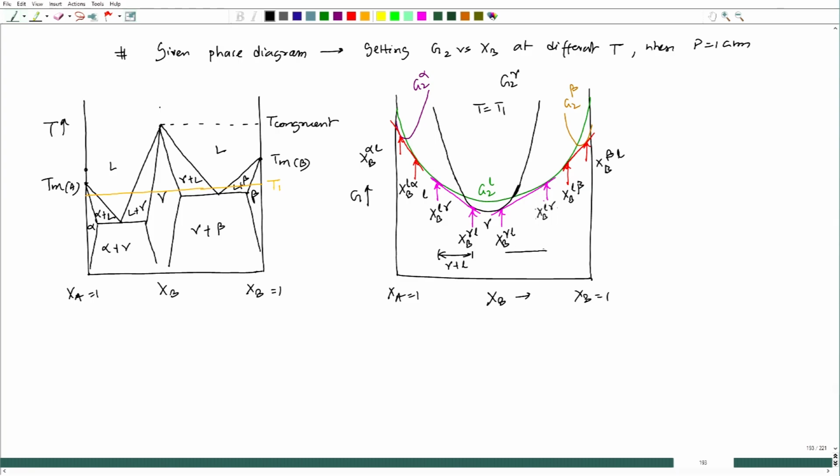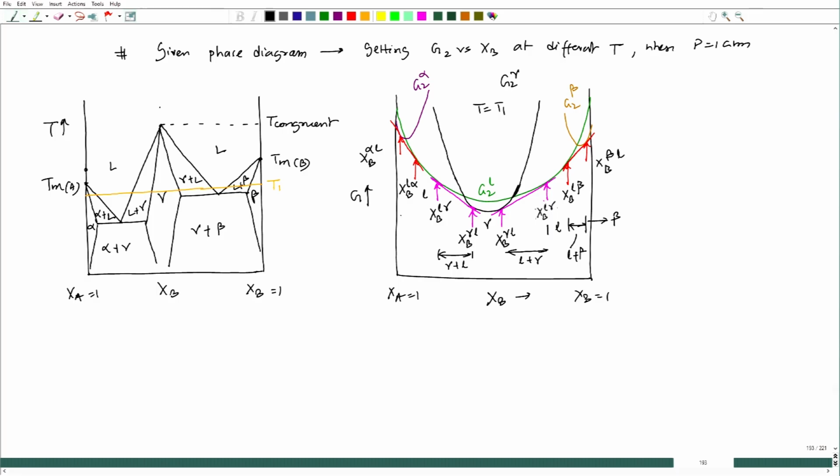Here we have liquid plus gamma on the B rich side. In this zone we have liquid. Here we have liquid plus beta, and right side of it we have beta, and you use your judgment with the help of equilibrium plus the free energy hierarchy.